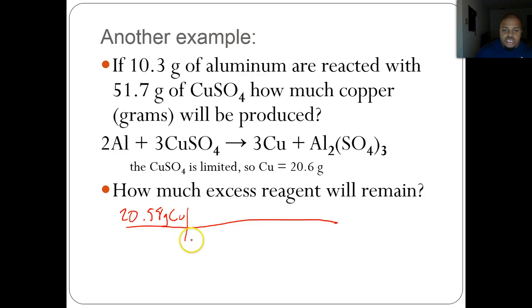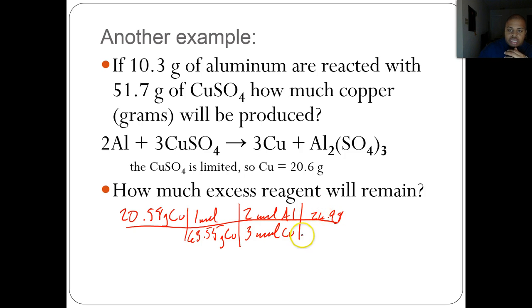Well, 63.55, just copying the work that I've already done, 1 mole, and according to my equation, 3 moles of copper to 2 moles aluminum, and 26.98, so 1 mole aluminum.